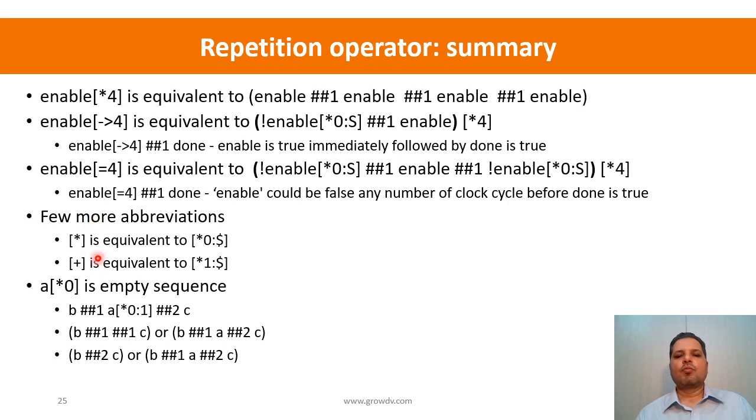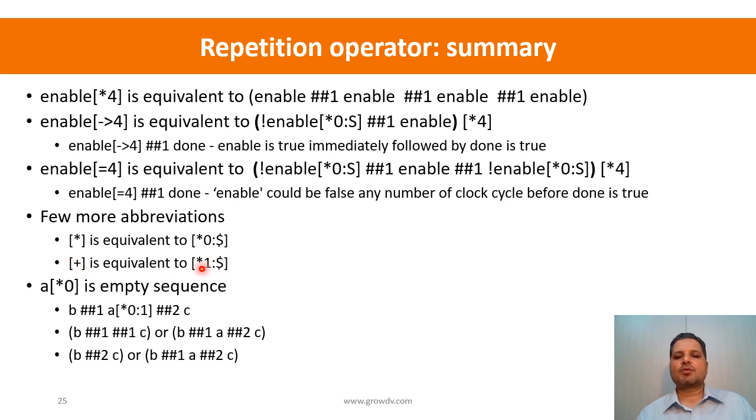And then there are a few more abbreviations, short forms. In the square bracket, if I just put star without any number or the repetition, then it is equivalent to star and then 0 colon dollar. So the short form of this is just star. Sometimes if you just see this, don't get confused. And then in the square bracket, if I just put plus without any number or range, it's unbounded.